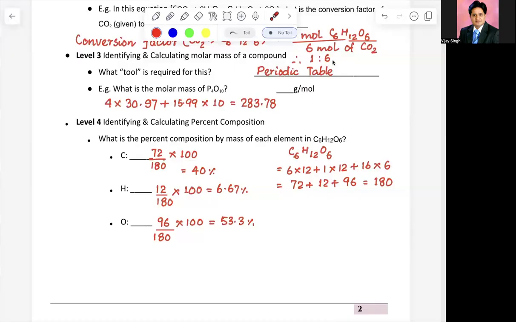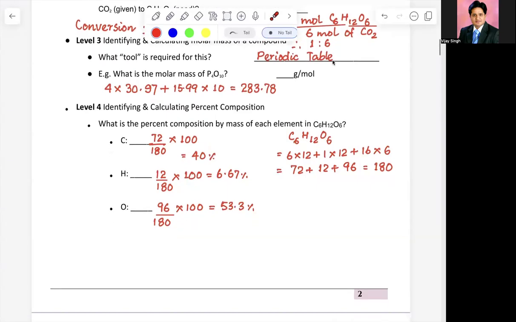And the question is, what is the percentage composition? Carbon is 72 over 180 multiplied by 100, that gives you 40%. For hydrogen, that's 12 over 180 multiplied by 100, that gives you 6.67%. And oxygen, that's 96 over 180 multiplied by 100, and that gives you 53.3%.